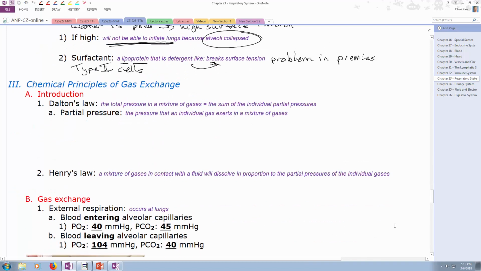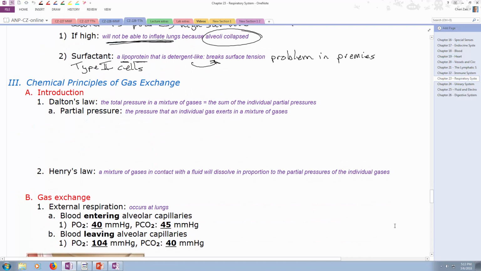Principles of gas exchange. We have a couple of people who obviously like physics. Dalton and Henry. This is all about gas laws. We'll just talk about Dalton and then we'll stop. Dalton's law: total pressure in a mixture of gases equals the sum of the individual partial pressures. And partial pressure is defined as the pressure that an individual gas exerts if it's in a mixture of gases.